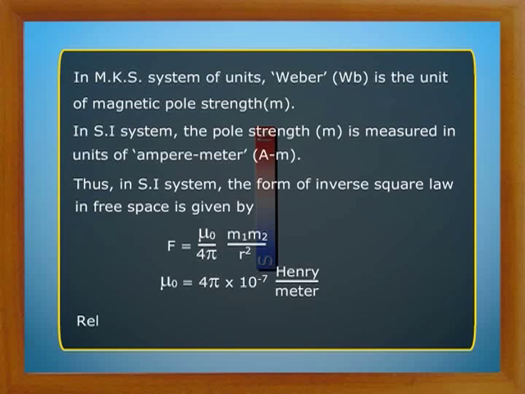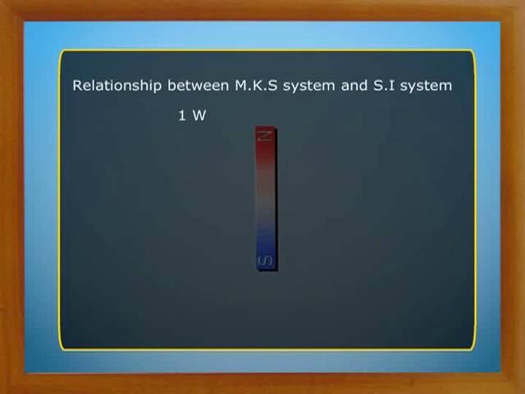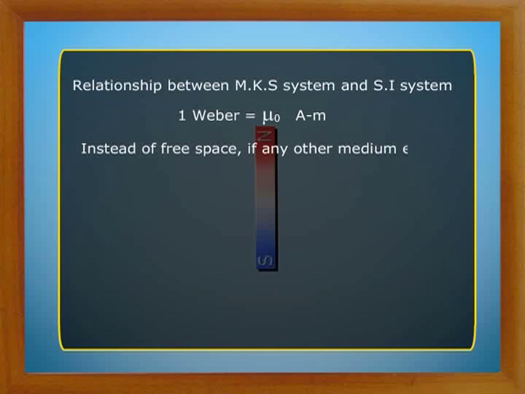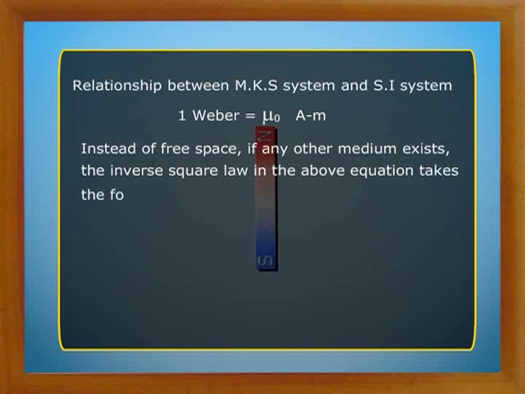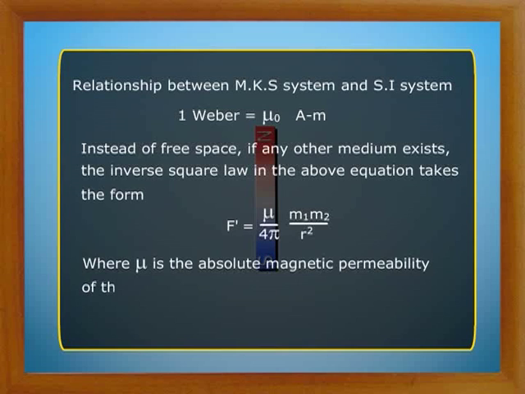From this, the units of pole strength in MKS system and SI system have the relation 1 Weber is equal to mu0 Am. Instead of free space, if any other medium exists, the inverse square law in equation 2 takes the form F dash is equal to mu divided by 4 pi, m1 m2 divided by r square, that is equation 3, where mu is the absolute magnetic permeability of the medium.